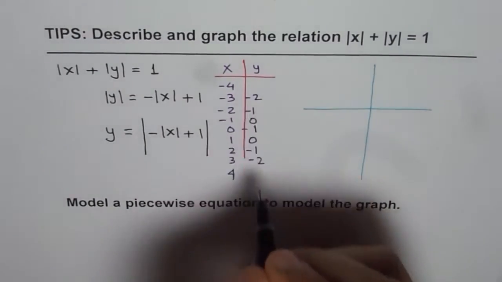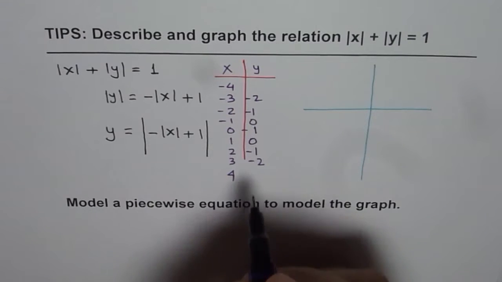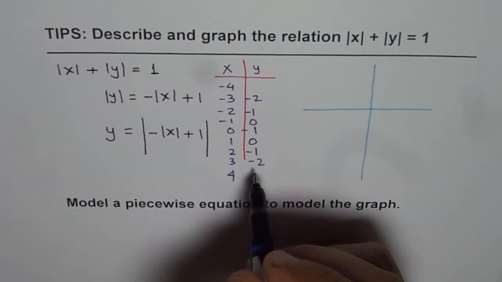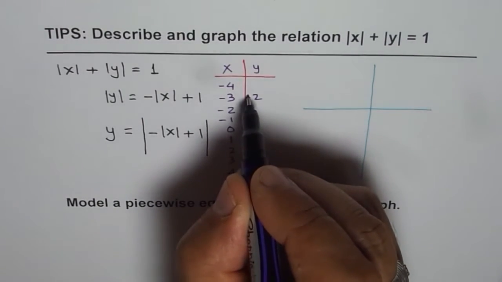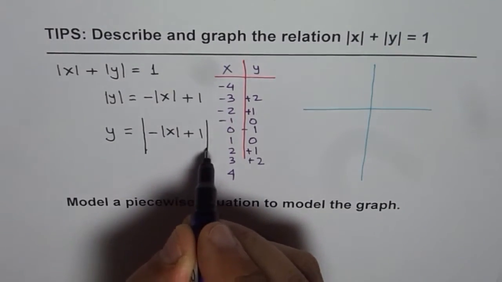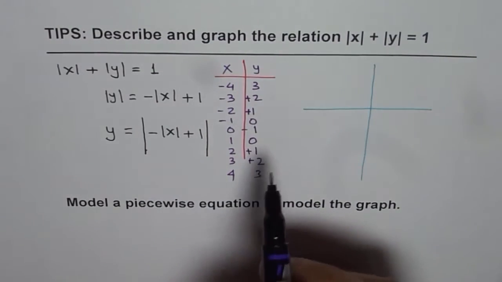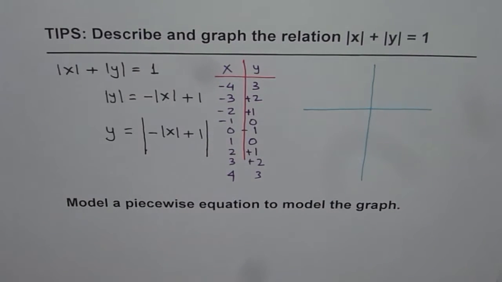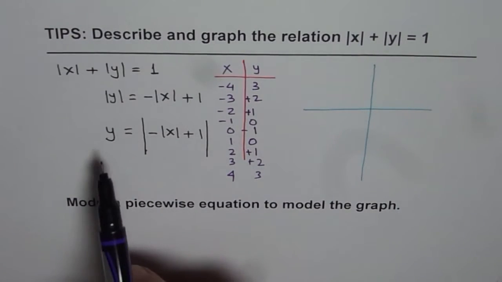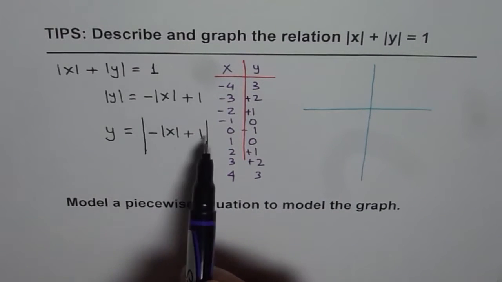Likewise you'll get your values. But when you take the absolute value of that, you have to make it positive, so the output is actually positive for all of these. So what we did is we calculated the inside values and then made them positive because of this absolute function.